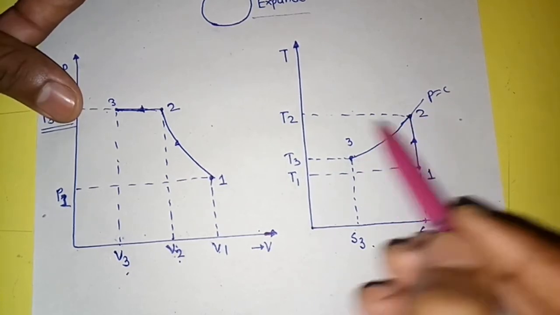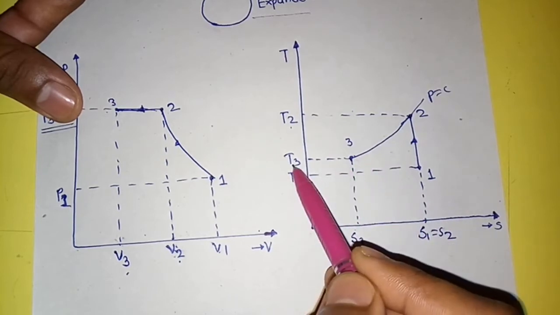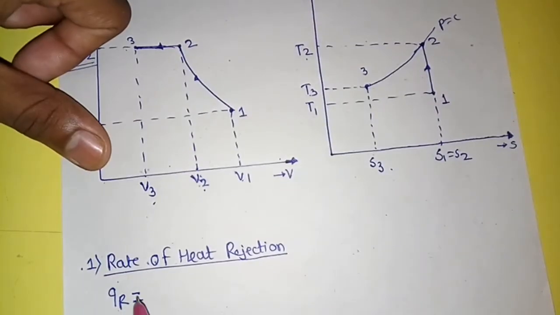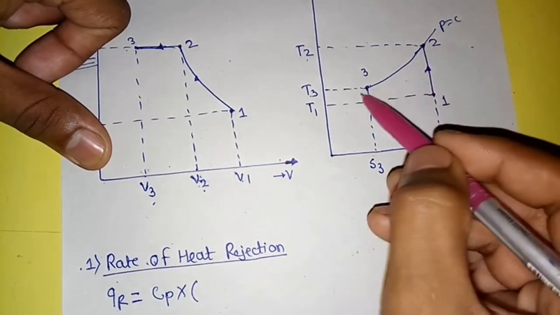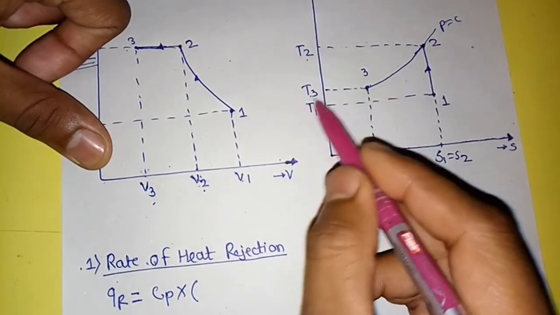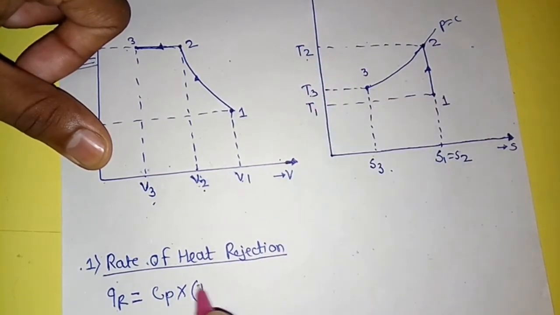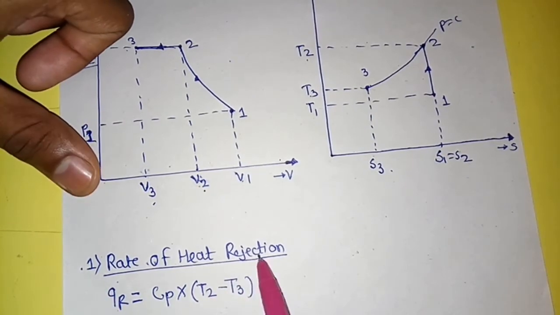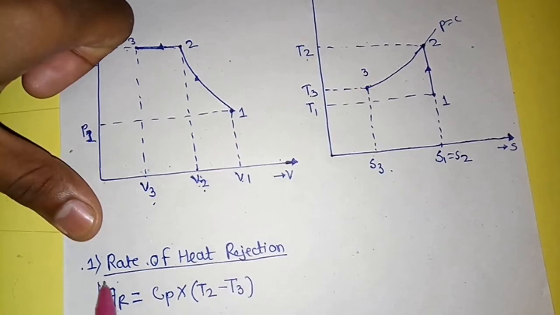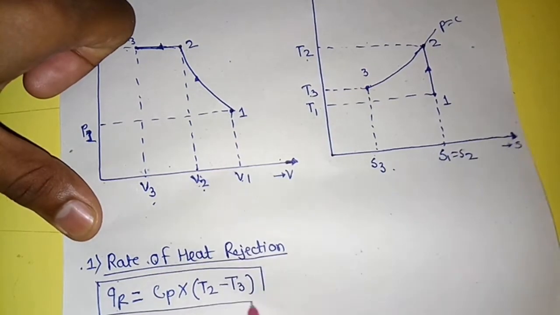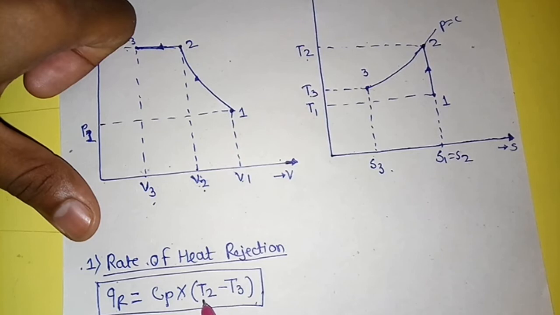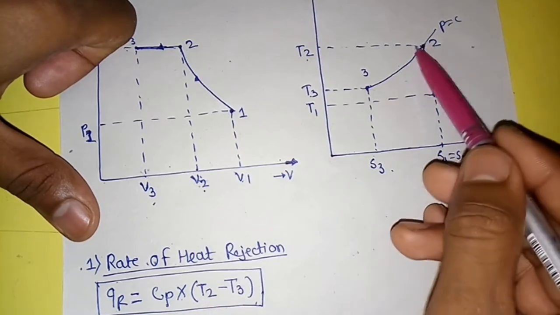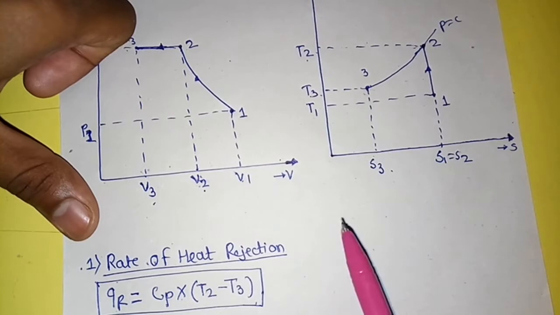Point 2 temperature is T2 and point 3 temperature is T3. So we can write Cp of air into the temperature difference, which is higher temperature minus lower temperature, T2 minus T3. The expression for the rate of heat rejection looks like this: QR is equal to Cp of air into (T2 minus T3).